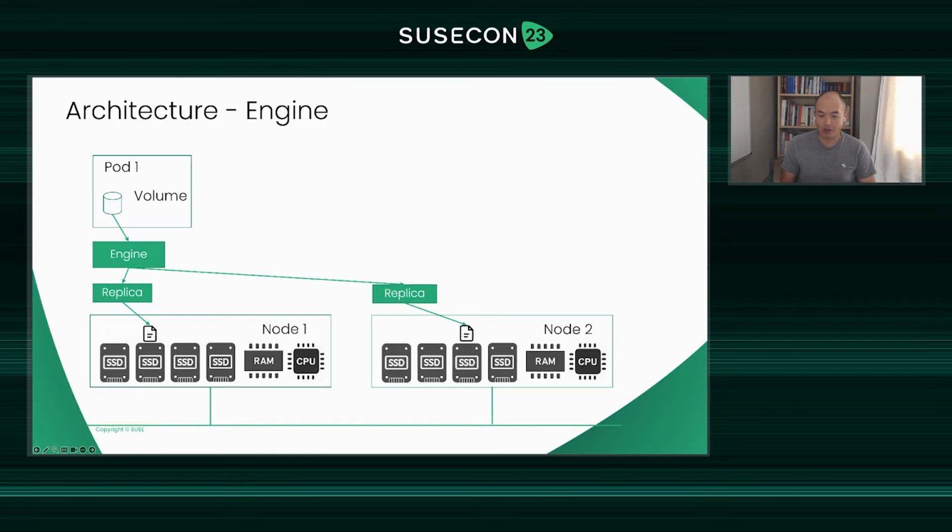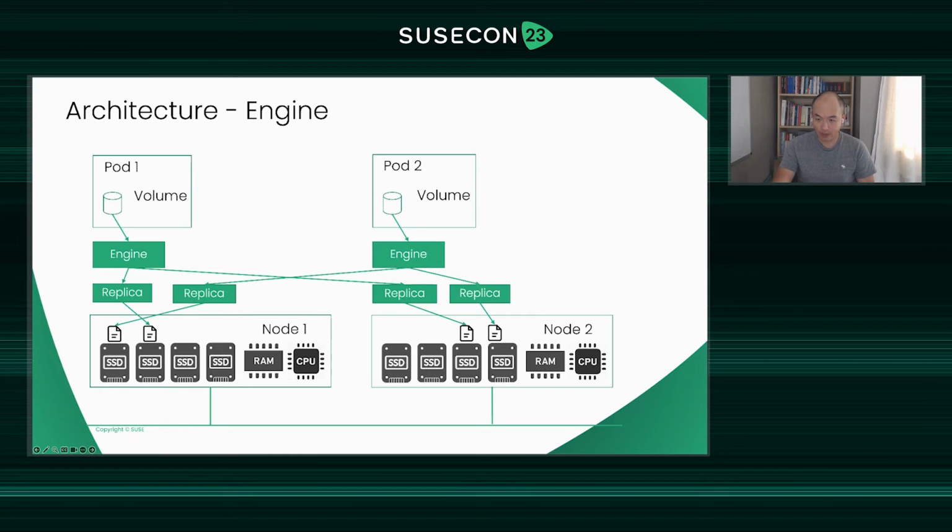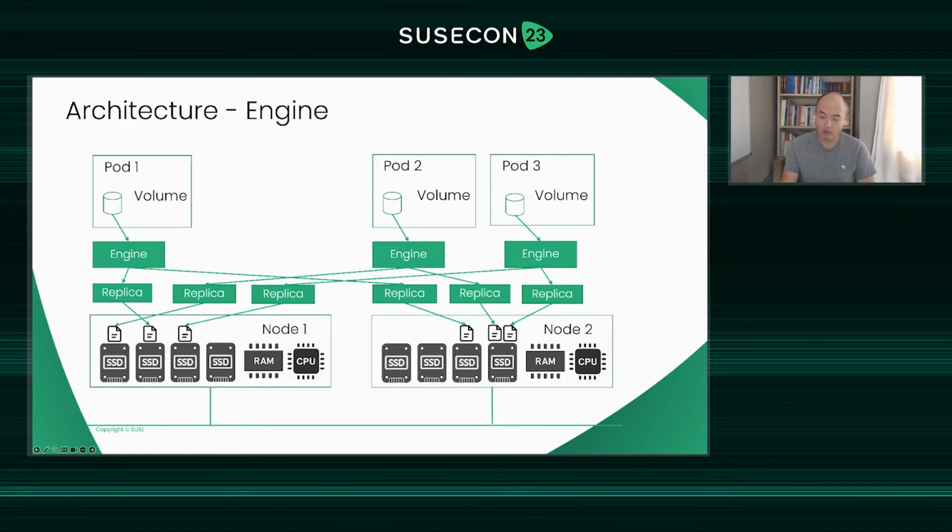The engine will in fact expose a block device, which Kubernetes can bind mount locally and provide as the volume requested by the pod. What if we have more pods requesting more volumes? We'll do the same.